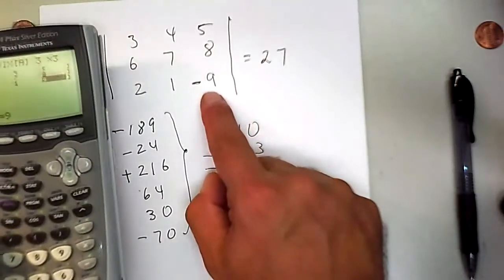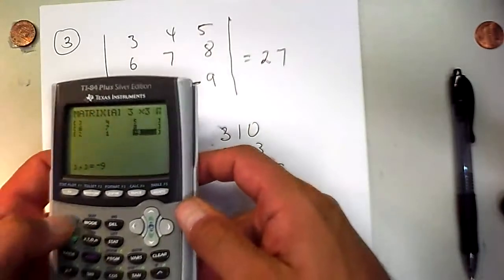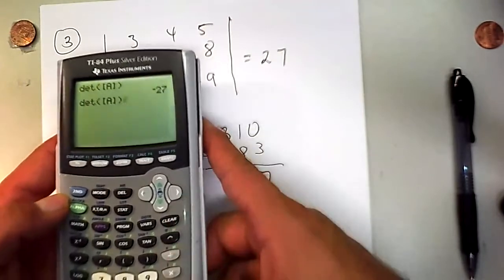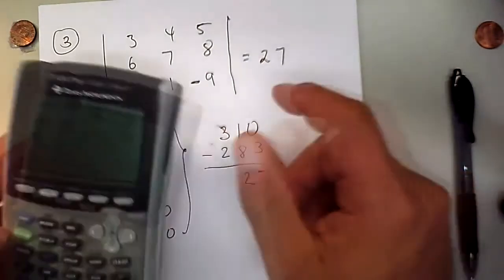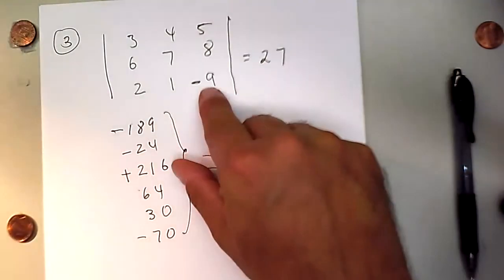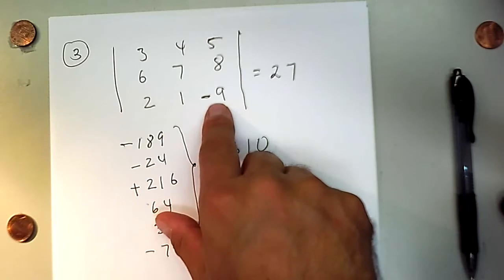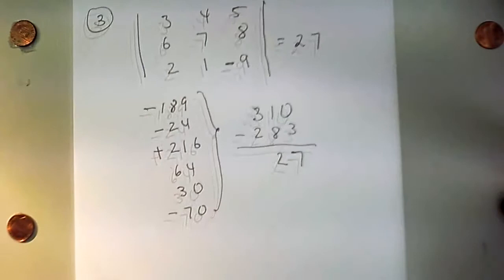Yeah, so this number, we're going to change it to negative 9. Then I'm going to go out here, and I'm going to repeat this. And yeah, we get 27. So yeah, that computation is correct. I think that was coincidental, though. I'm not sure that changing one sign will change the whole thing. Let's do a quick one.